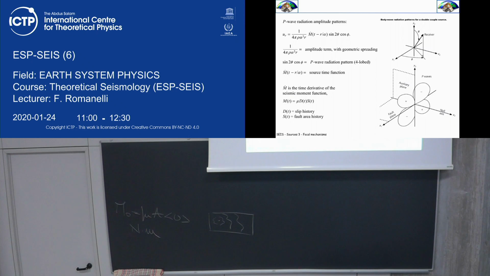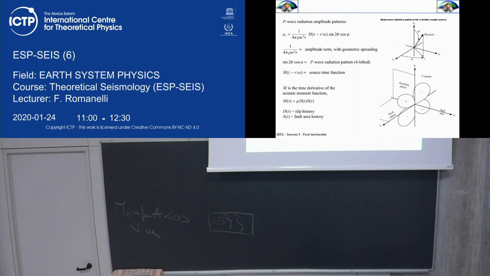Because now the reference system will be centered on the source. And this is very natural because actually we will use a sort of spherical reference system with a distance, that is the radius from source, and two angles that will be needed to specify the position of the receiver compared to the source, colatitude and longitude.